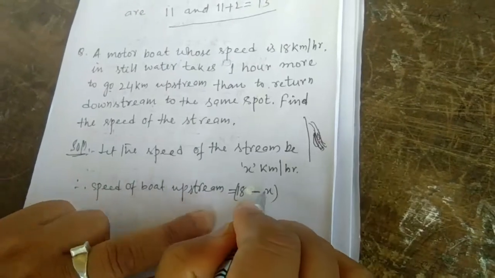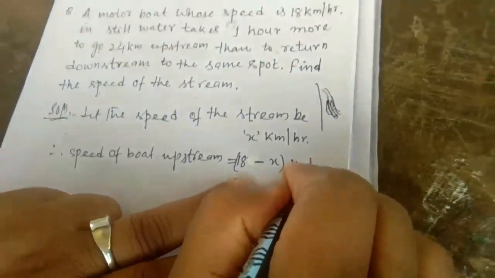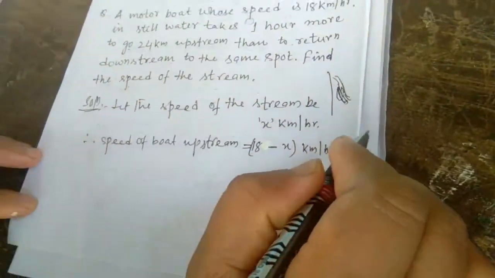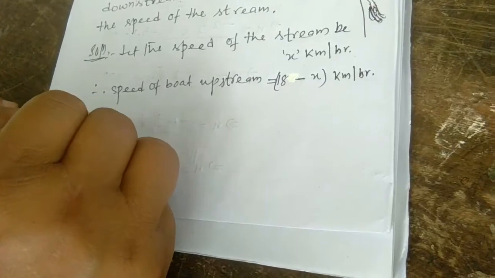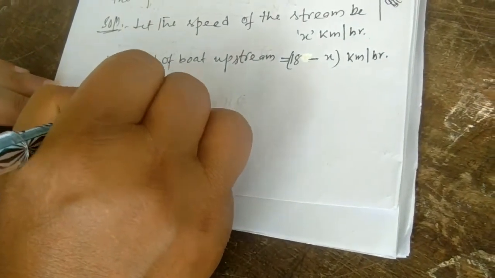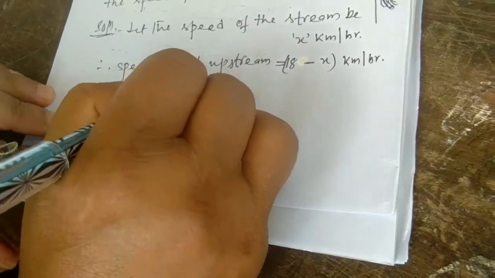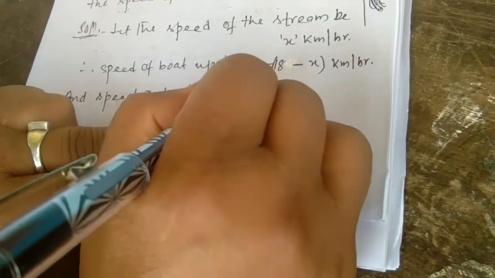So this is the speed of the boat upstream, 18 minus x kilometer per hour, and the speed of the boat downstream.